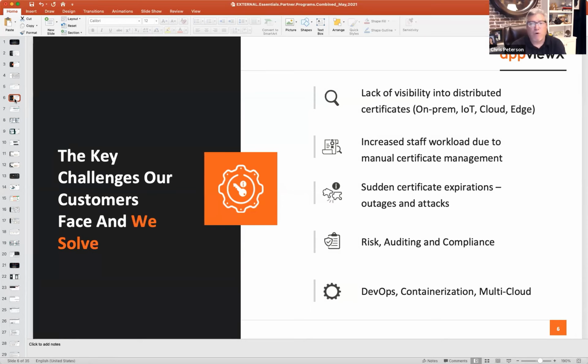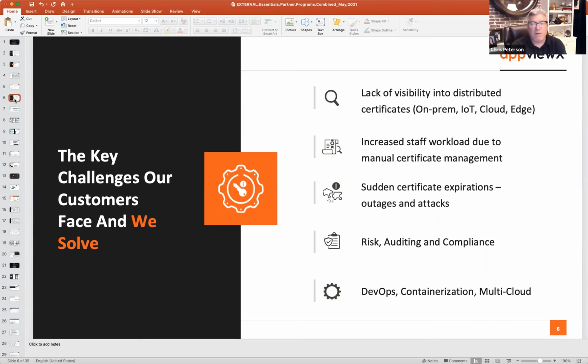Big increase in staff workload due to manual certificate management. So many organizations are still managing their certificates using an Excel spreadsheet, and in many organizations, it takes a full-time employee just to do that. We automate this process and make it much easier for organizations to manage the certificates and devices on their network.